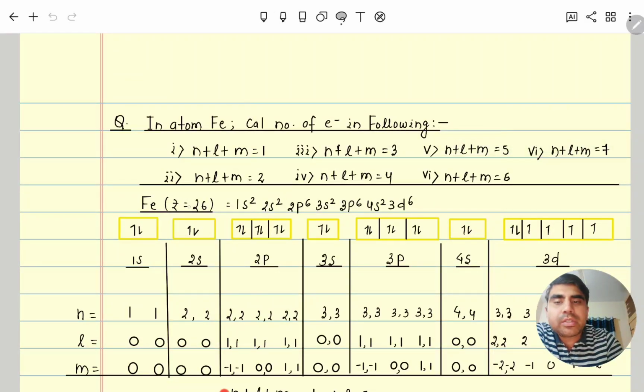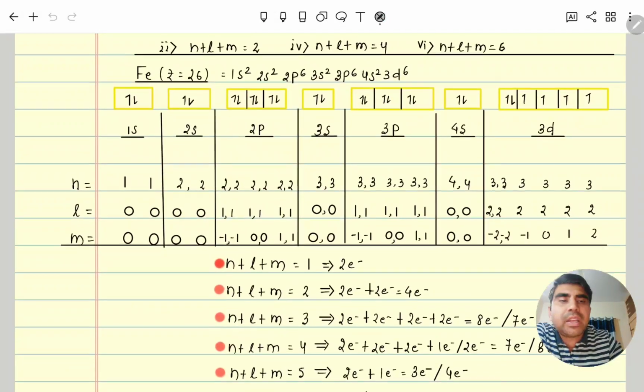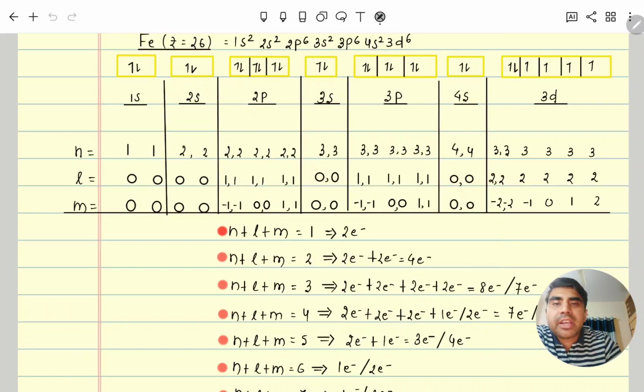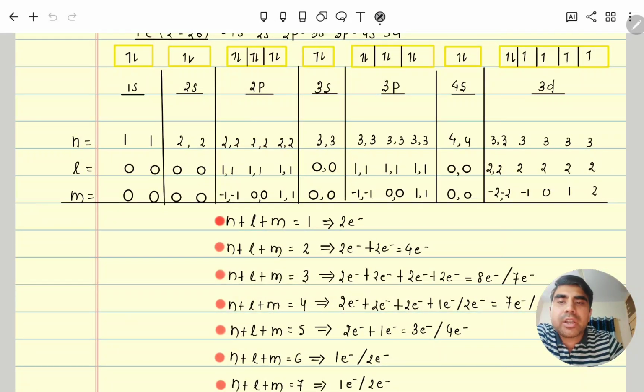So let's calculate. Iron's electronic configuration is 1s2, 2s2, 2p6, 3s2, 3p6, 4s2, 3d6. Now we will calculate the n plus l plus m value for each electron.